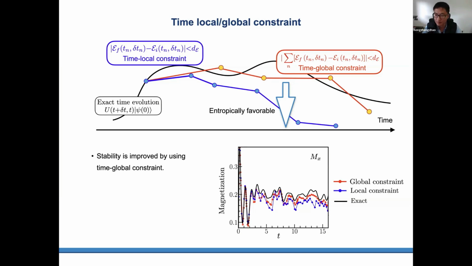With the global constraints on errors, you can get much more stable simulation results, even at relatively longer times. I would also like to point out that Tatsuhiko Ikeda and co-authors proposed a different approach. They can also adapt their step sizes to solve this time-dependent Trotterization problem.